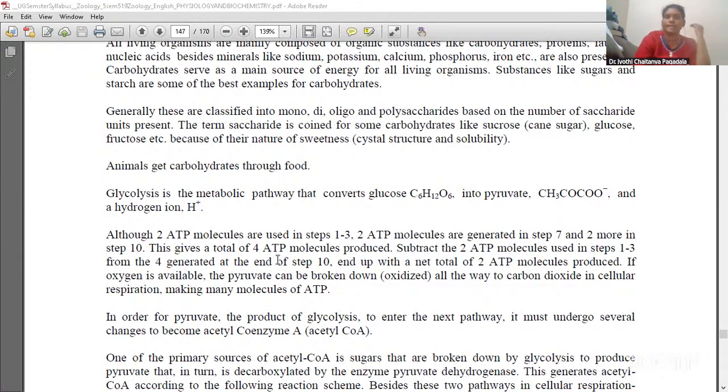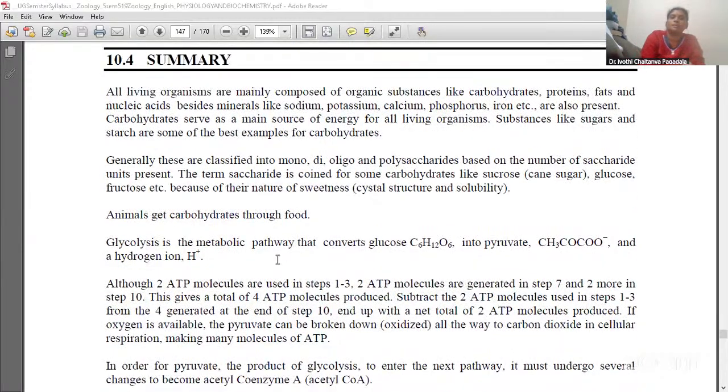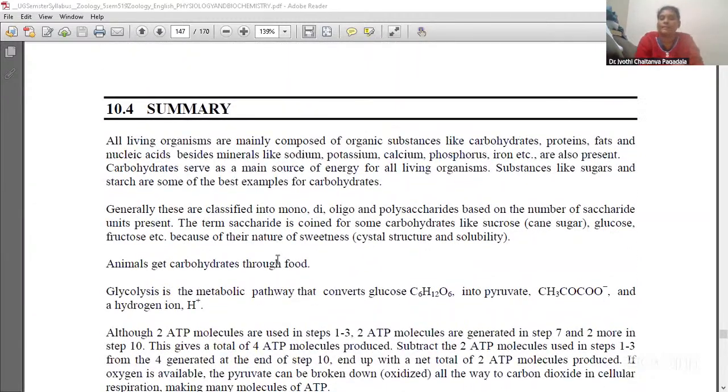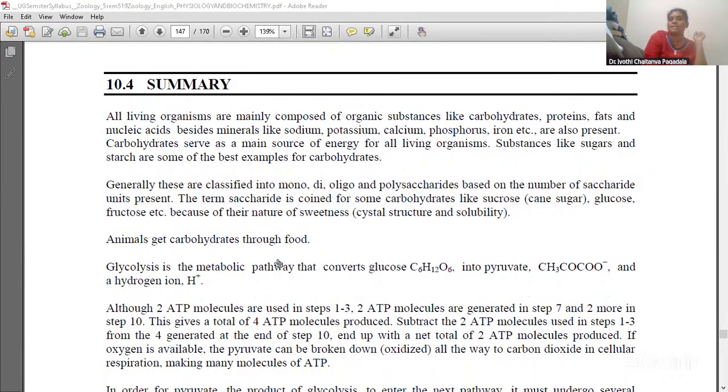So glycolysis is the metabolic pathway that converts the glucose into the pyruvate. Here the pyruvate or pyruvic acid and a hydrogen ion. Although 2 ATP molecules are used in the steps like in the glycolysis, 1-3 steps, ATP molecules are generated in the 7th step and the last step, this gives rise to 4 ATP molecules.